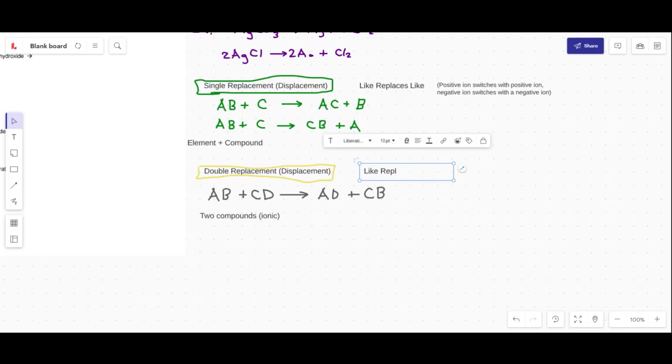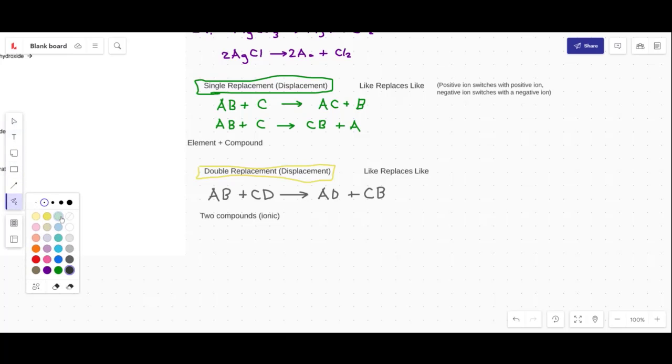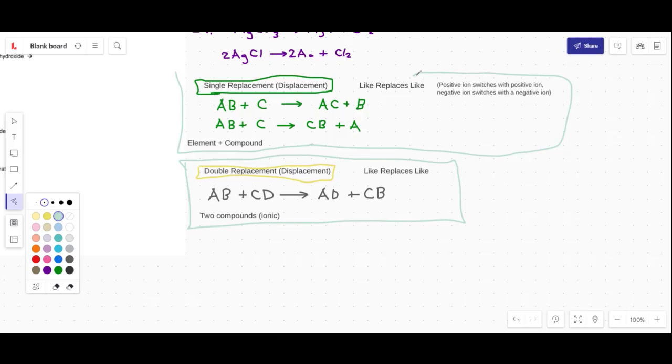And just for clarity's sake, I'm going to put big boxes around each of my different reaction categories, just because I feel like I put these a little too close together, and I don't want you to be confused. Confusion's bad.